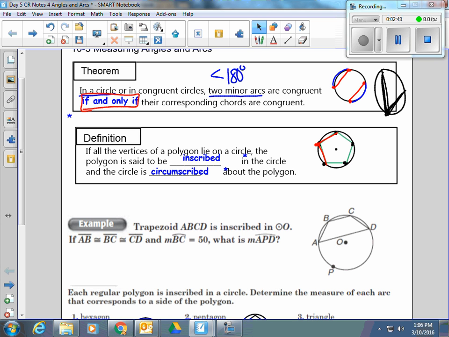So the polygon is said to be inscribed, I-N-S-C-R-I-B-E-D, and the circle is circumscribed, C-I-R-C-U-M-S-C-R-I-B-E-D.